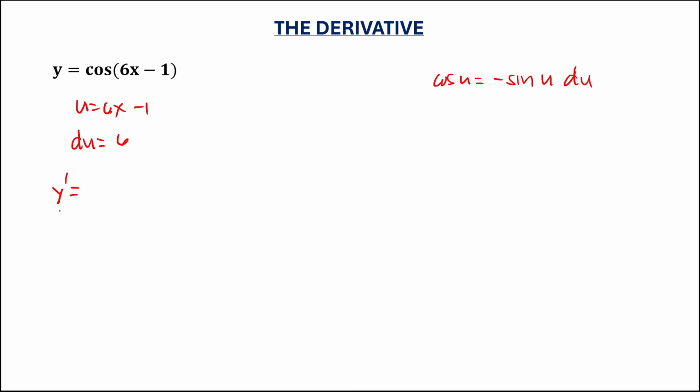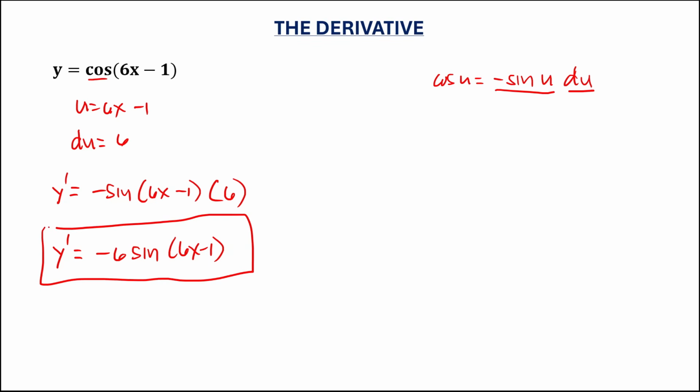So the derivative of cosine is negative sine, so negative sine 6x minus 1, then times du, and du is 6. Therefore, y prime is equal to negative 6 sine 6x minus 1.